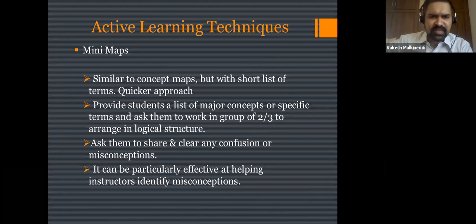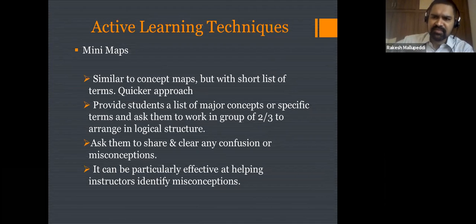Like a concept map, with a mini map you are coming up with a map, but with a short list. So a mini map is much shorter than a concept map, but it's a quicker approach where the students arrange terms in a structure, and then explain the thinking behind their approach.